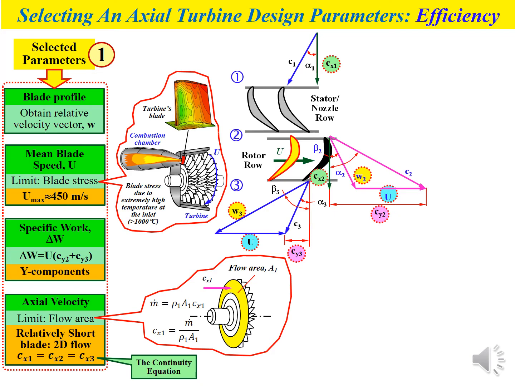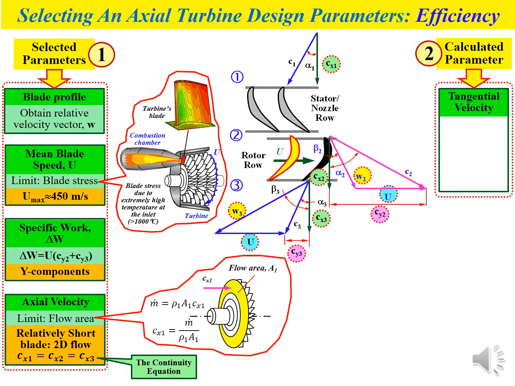The second type of parameter we call the calculated parameter, which means this parameter we cannot just easily select. We need to calculate it by referring to the selected parameters and the other parameters.